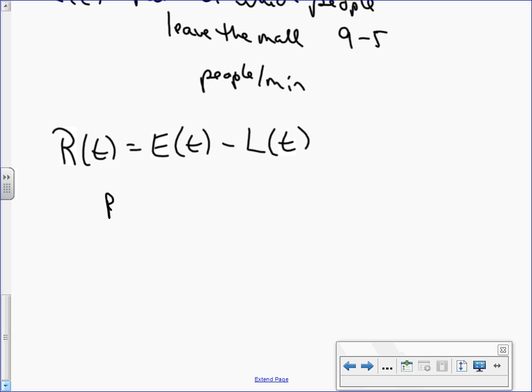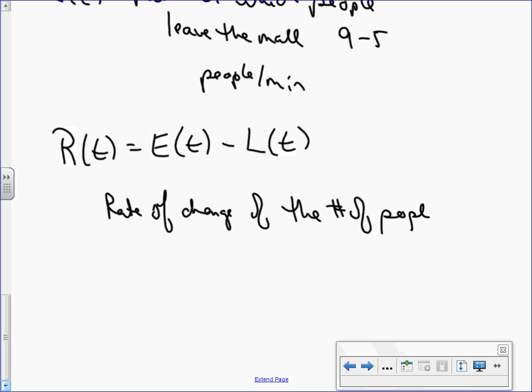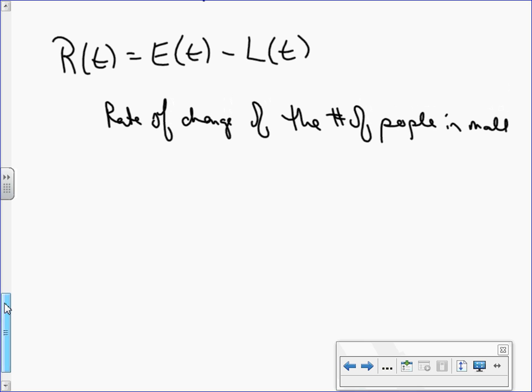This is the rate of change of the number of people in the mall. It's taking into account how many are going out as well as how many are going in. This is just how fast the number of people in the mall is changing.